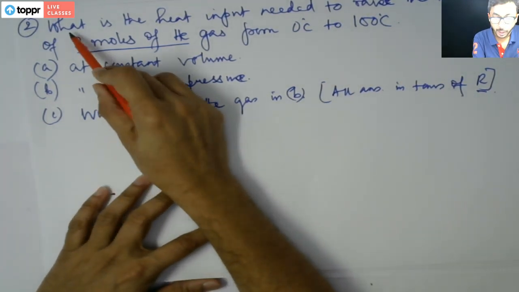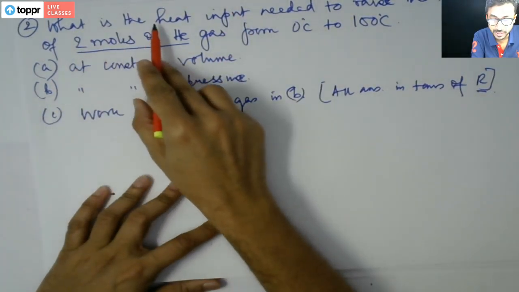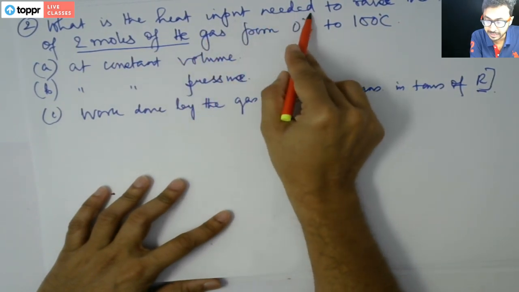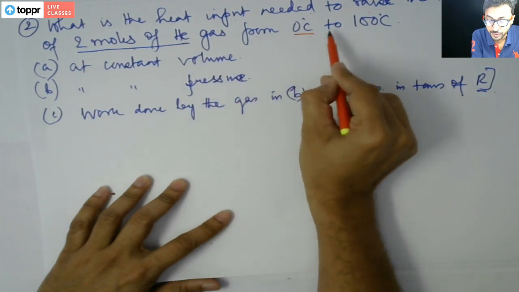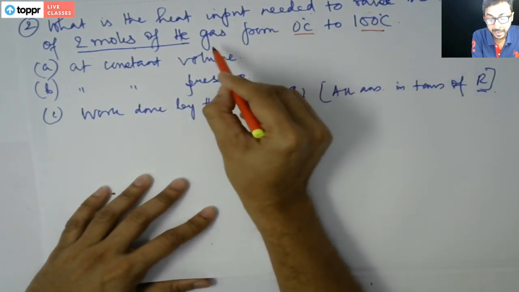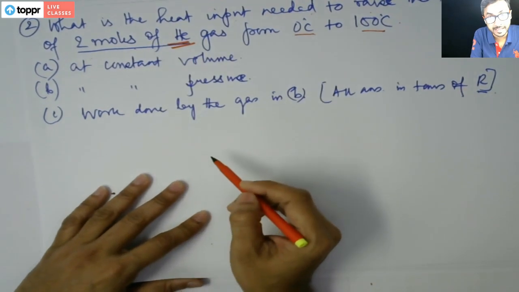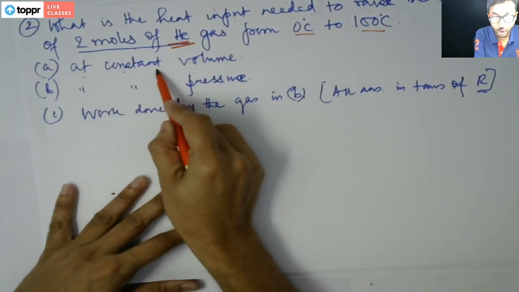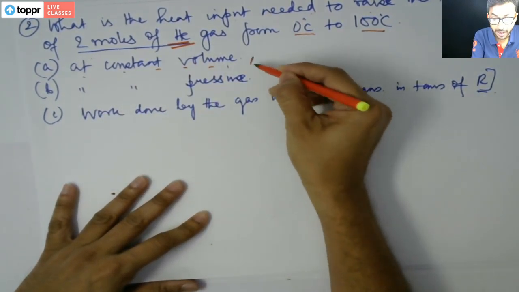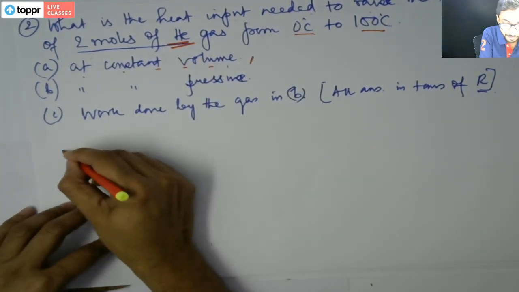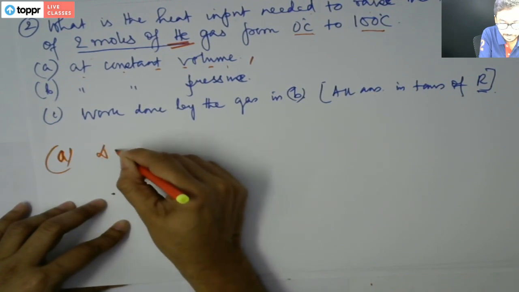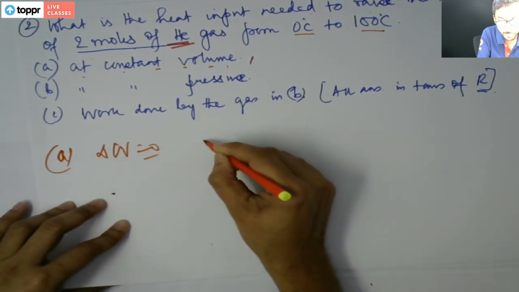As I was talking about Cp and Cv, what is the heat input needed to raise the temperature of 2 moles of helium from 0 to 100? Helium is a monoatomic gas. At constant volume, del W equals 0.